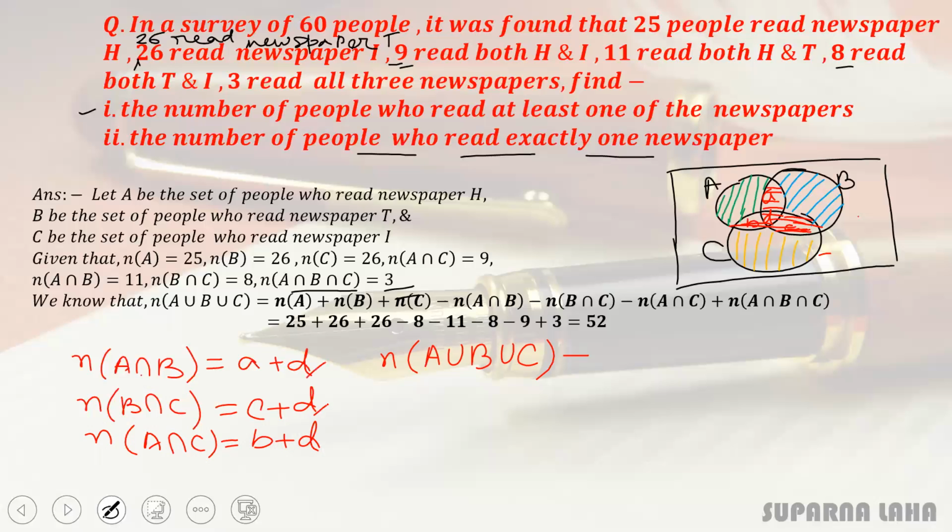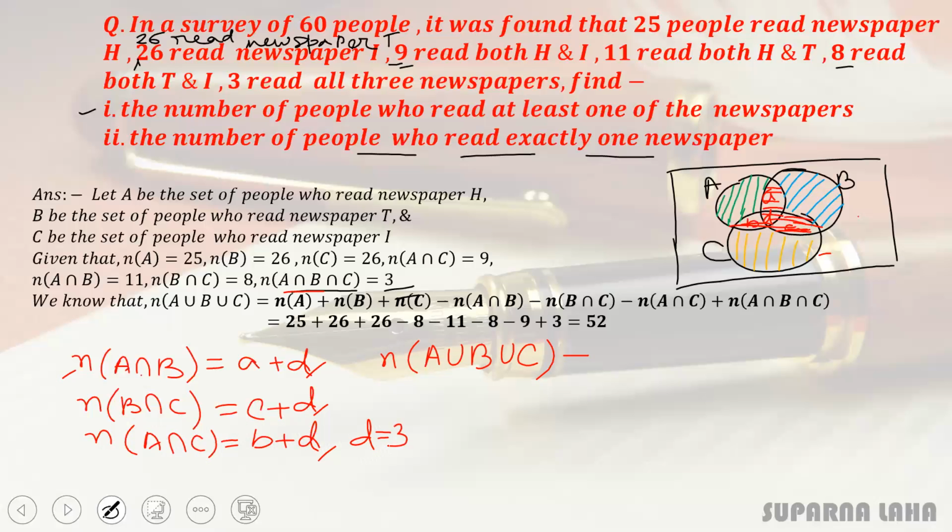D is the common portion between these 3, but we need to take it just once, since D is common to A intersection B, B intersection C, and A intersection C. And D is A intersection B intersection C, so the value of D is 3.